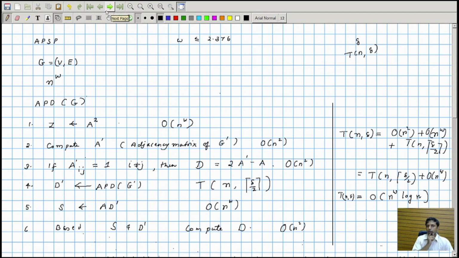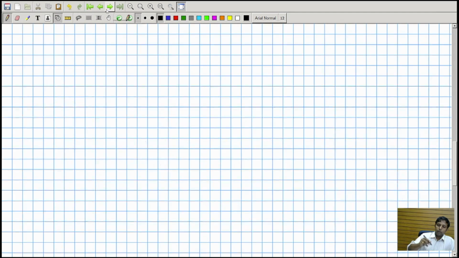Now, based on this algorithm, we are going to develop a randomized algorithm which will compute the shortest path between any two pair of points. In order to do this, we will look at a related problem called witnessing Boolean multiplication.